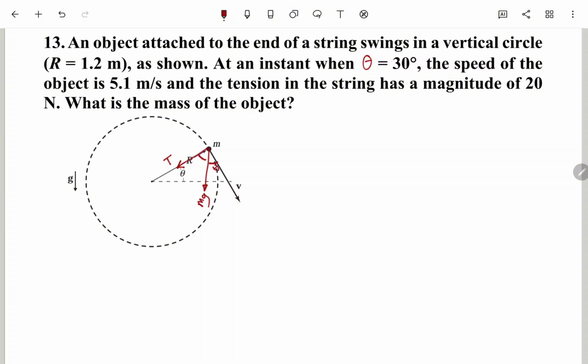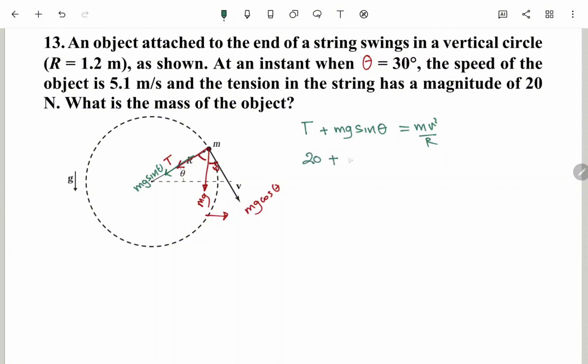In this case, you analyze the weight: mg cosine theta, and in this one here, mg sine theta.